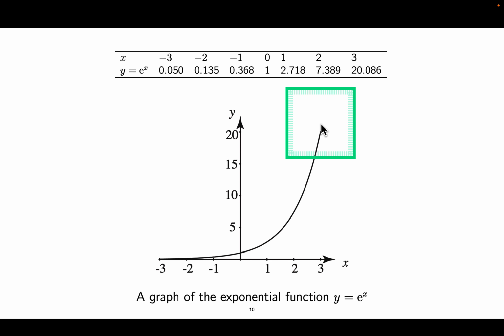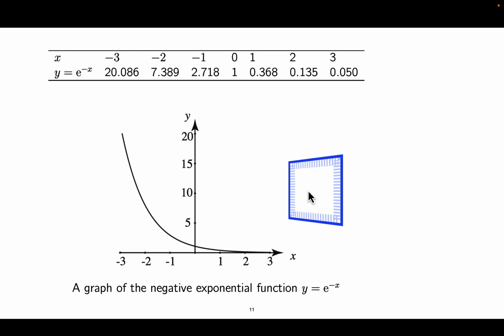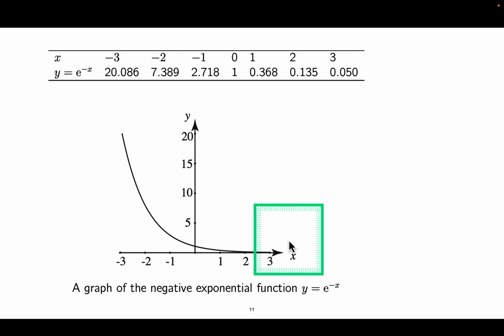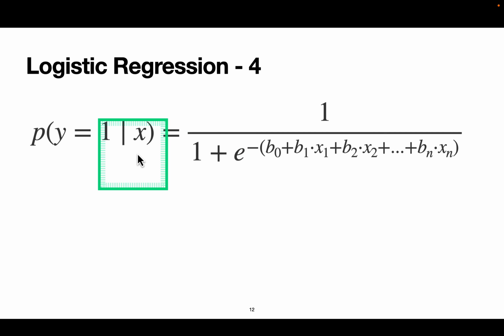Even at 4 it will just keep going up like this. And this is the inverse. So when x is minus 3 and it is e raised to the power of minus x, the graph is like the reverse. This becomes clearer when we look at this particular equation.